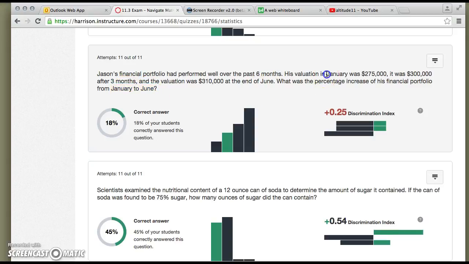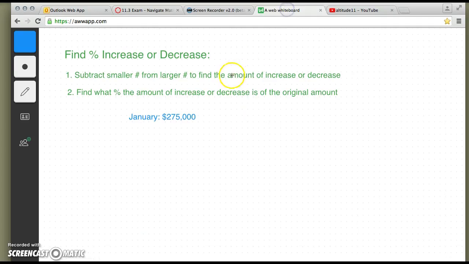The valuation in January was $275,000, and the valuation was $310,000 at the end of June. The $300,000 after 3 months is not important to us. We just want to know the percent increase from January to June. So those are the two values we're going to be concerned with.